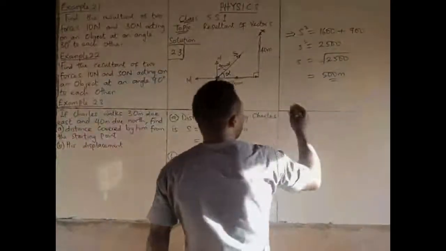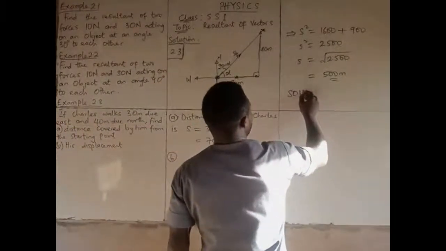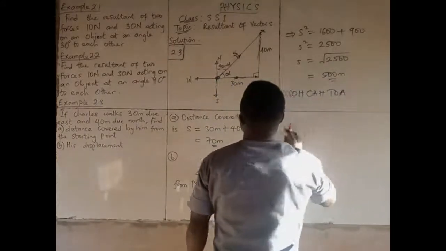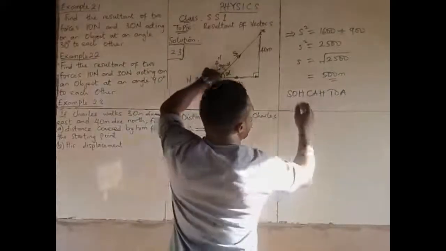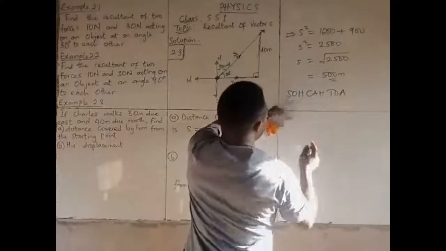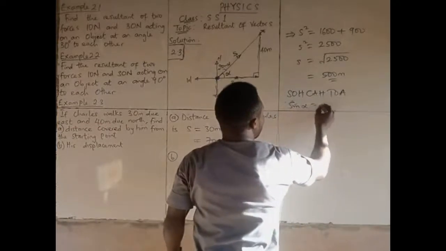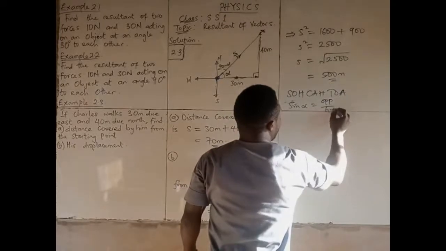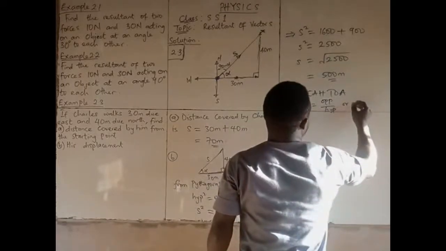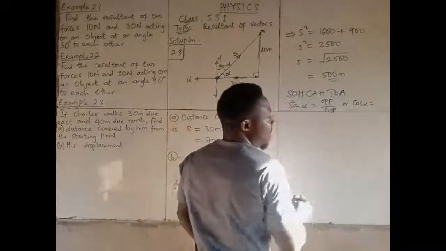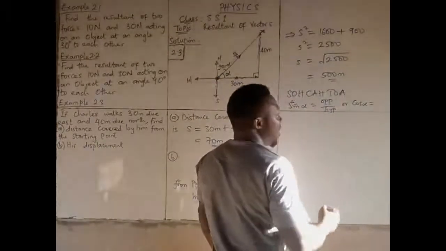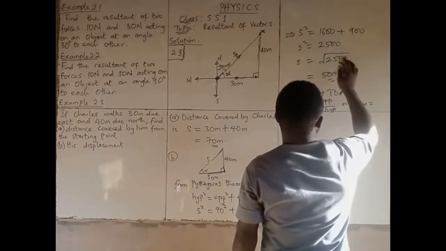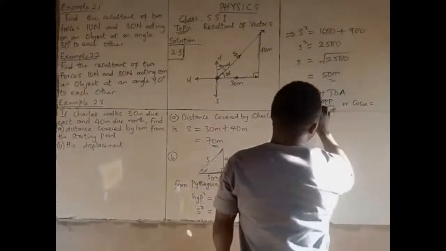Now, to find the direction, you can use your SOHCAHTOA, which means you can use your tan. If you like, you can use your sine too. I can use sine alpha equals opposite over hypotenuse, or cos alpha equals adjacent over hypotenuse, where the hypotenuse is 50.